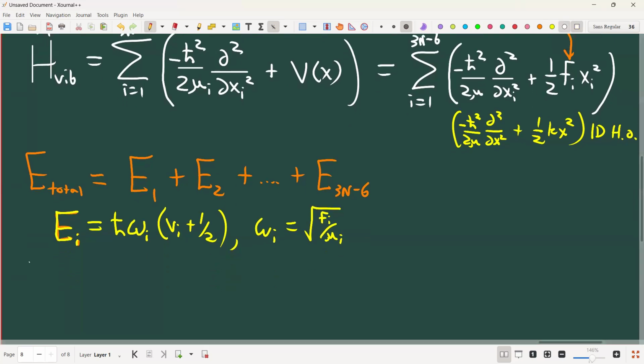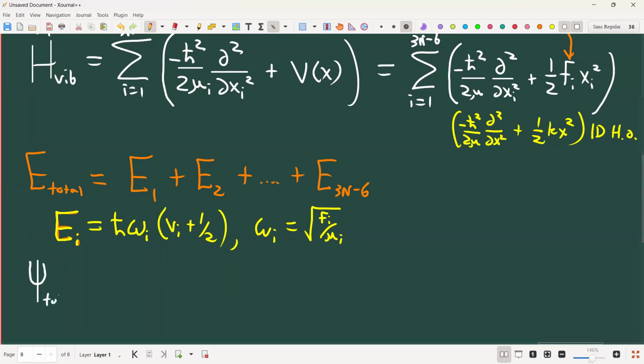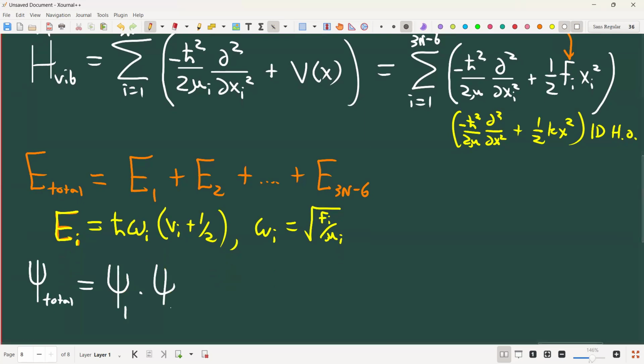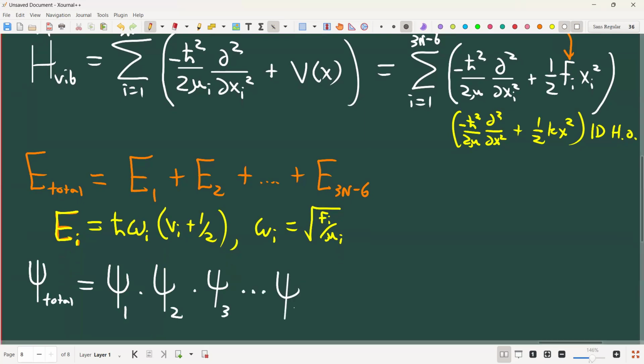And the total wave function is just a product of the wave functions of each mode. It's just a simple product.